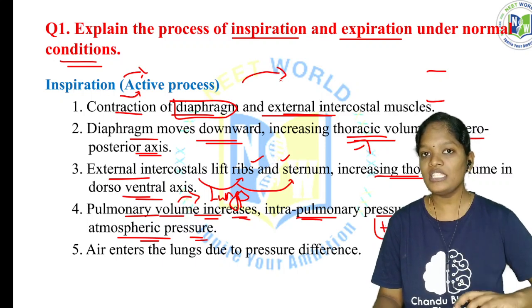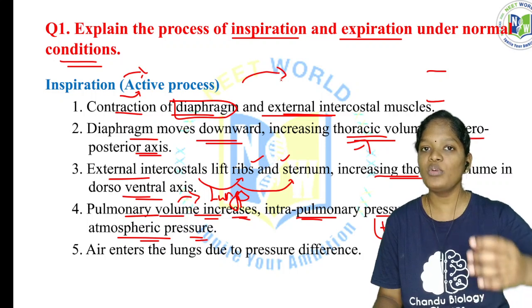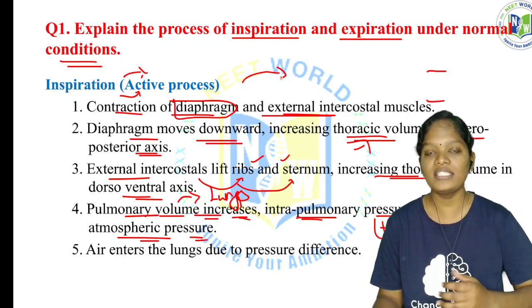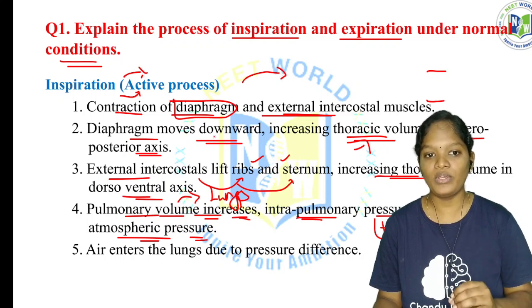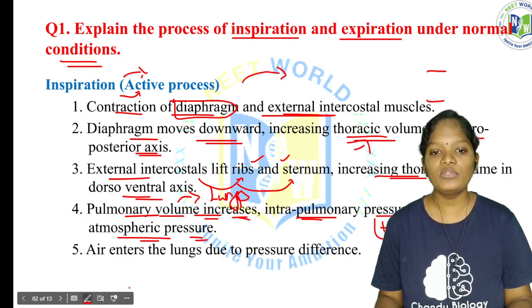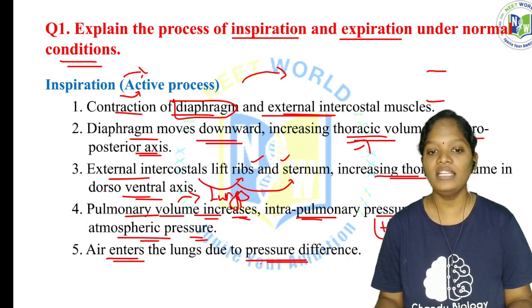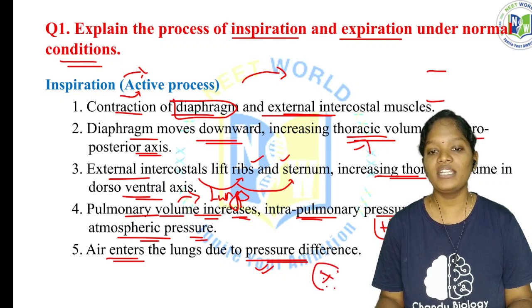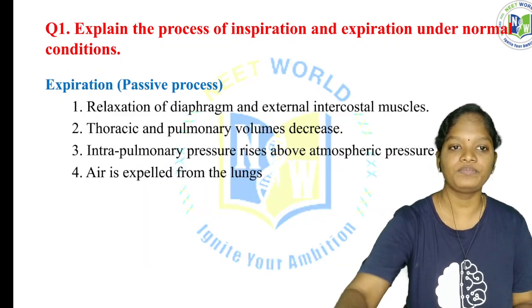Here in inspiration, the air comes from the atmosphere to the lungs, which means the pressure in the lungs is very low. So the air enters the lungs due to the pressure difference. The main important thing here is the pressure.